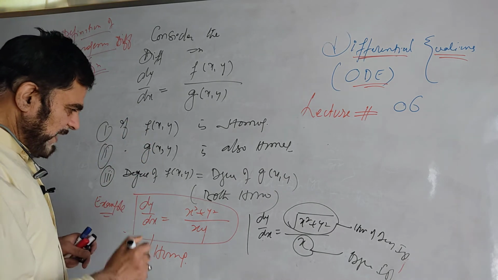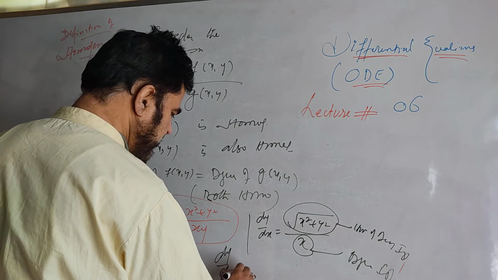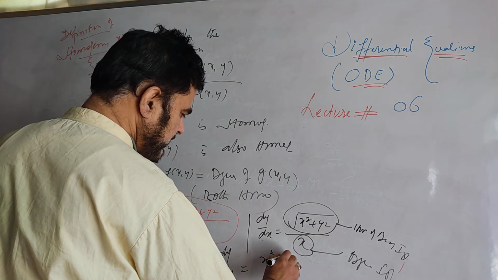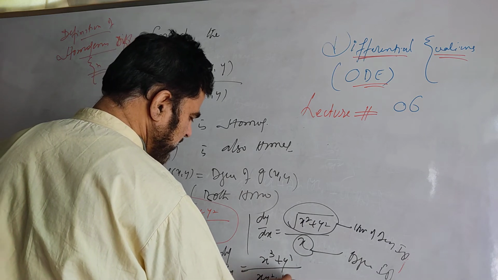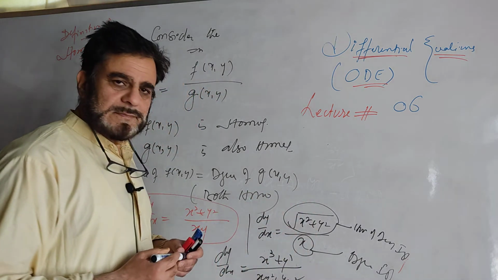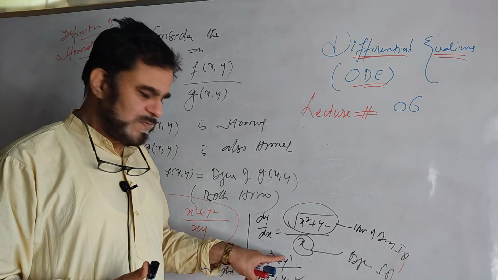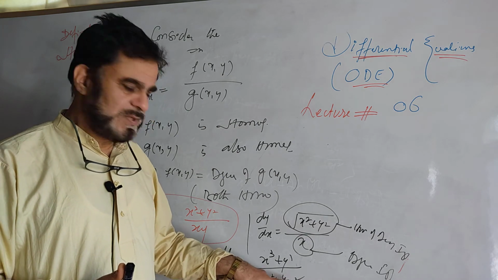Suppose you have dy by dx is equal to x cube plus y cube over x y square plus y x square.